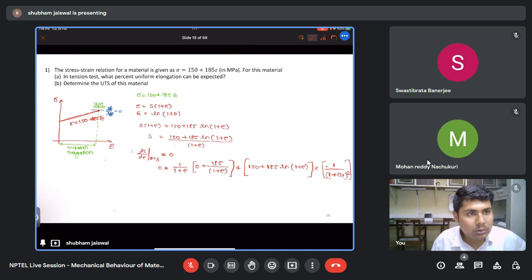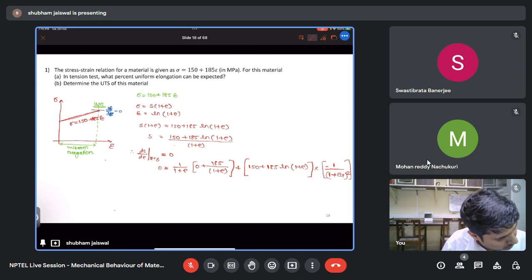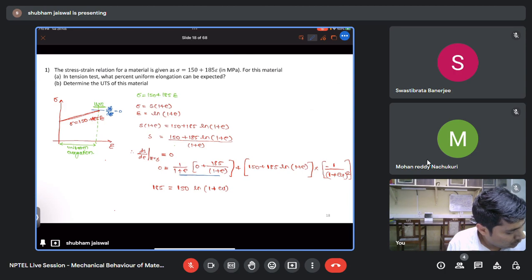Now if we rearrange this equation, what we will get is 185 equal to 150 ln(1 plus eU). So here you can see this term and this term is the same.